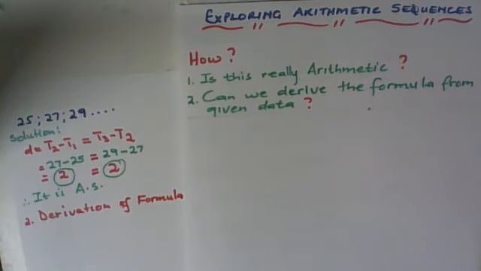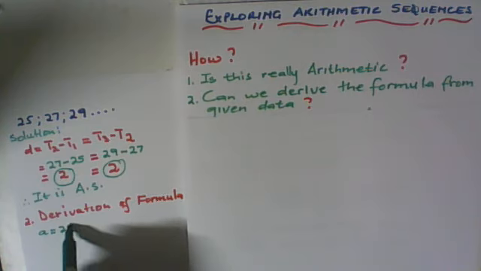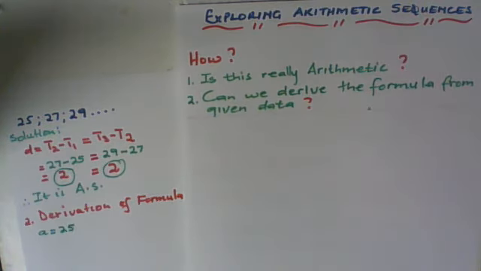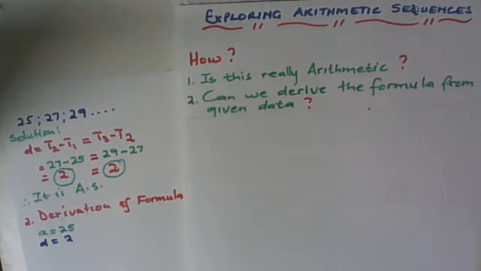First and foremost, you have our A. Our A is 25. Secondly, we have our D. Our D is equal to 2. That is what we got.